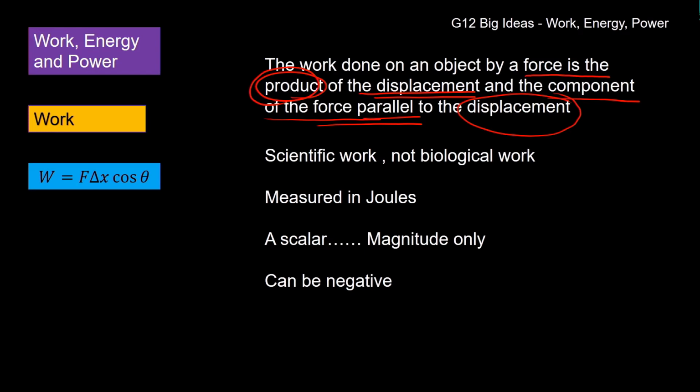What springs to mind here is what we've done in the past, which is when we have an object that has a force applied to it at an angle. So let's have a look there. There's my angle, okay. And what we've done is we have separated this applied force into its components.